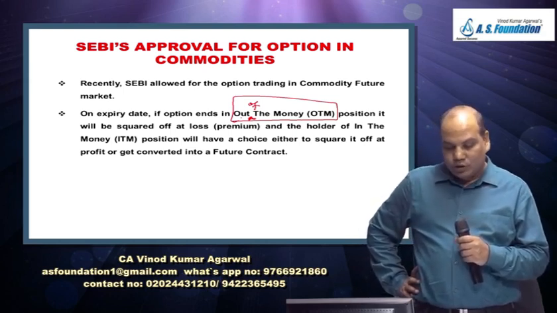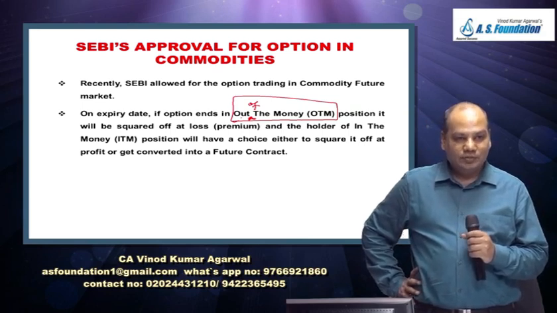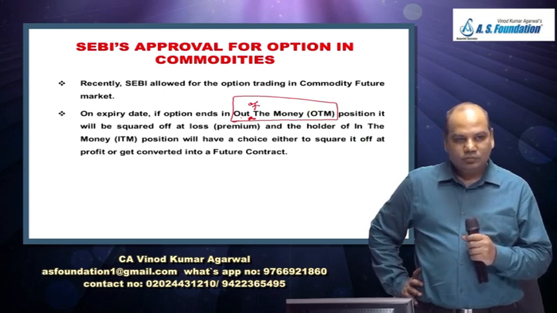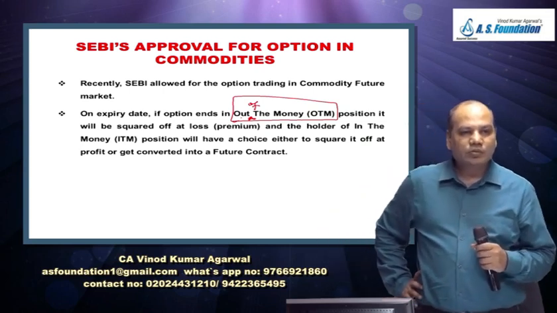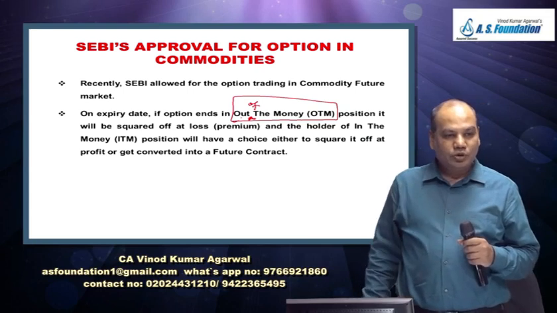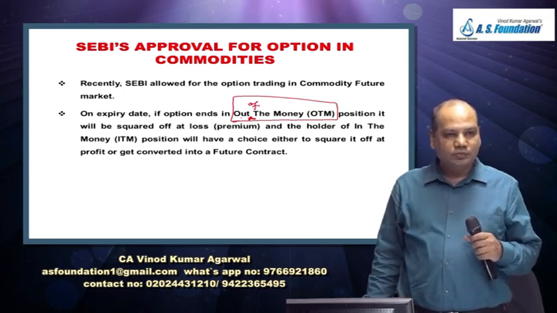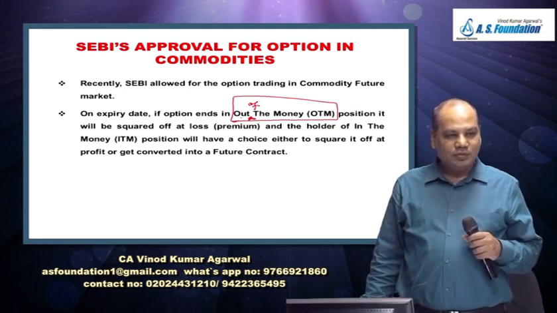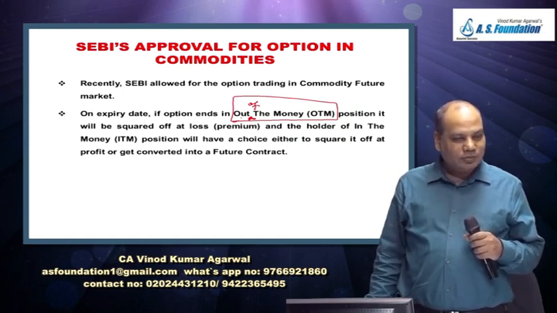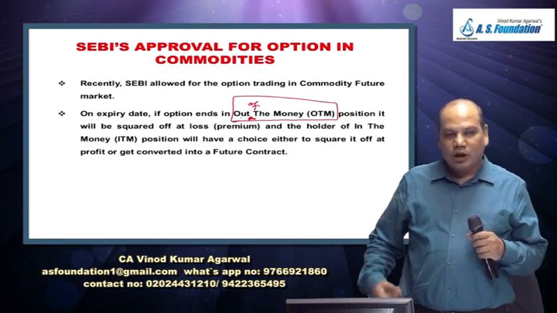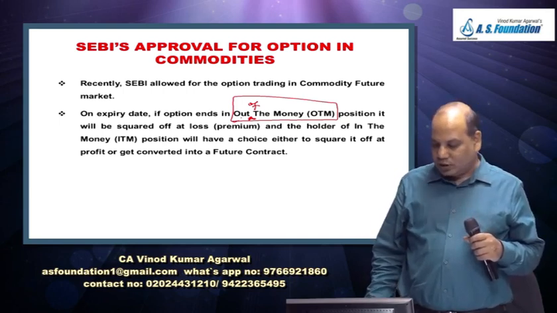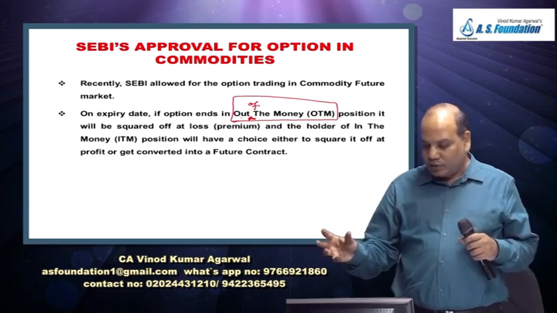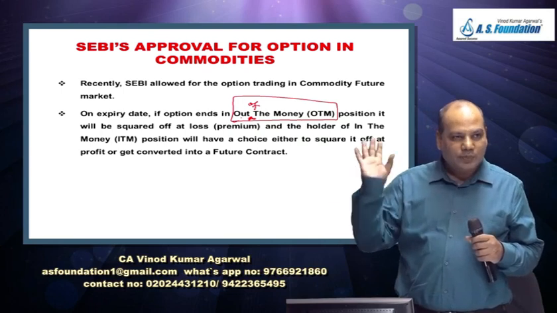Now first of all, quickly revise what is out of the money. It is not profitable to exercise the option. More specifically, if it is a call option, the market price is below the exercise price. If it is a put option, the market price is above the exercise price. So that is out of the money. At out of the money, the option would lapse.